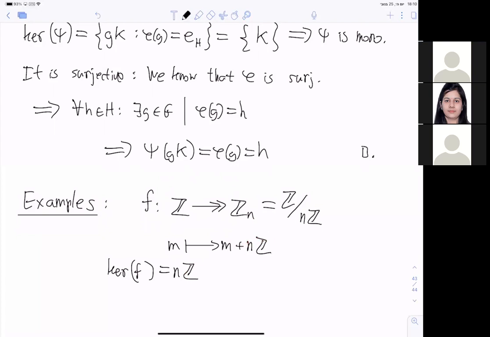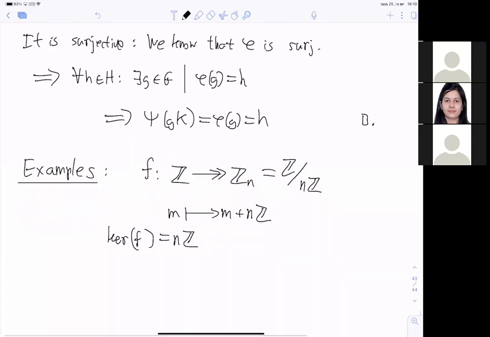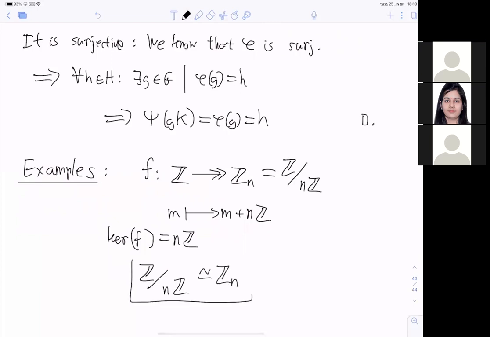So by the first isomorphism theorem, this is nothing new. If you take Z modulo the kernel, you just get an isomorphism with the target, which is nothing new because this is how we defined it.